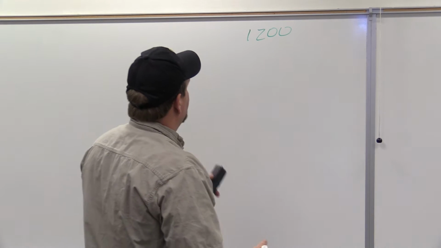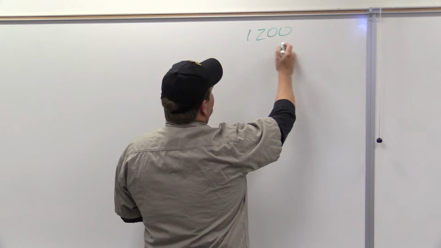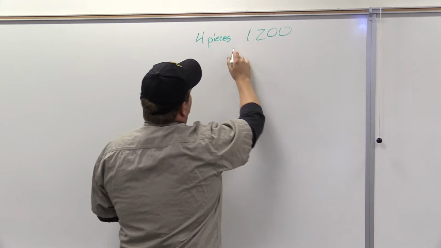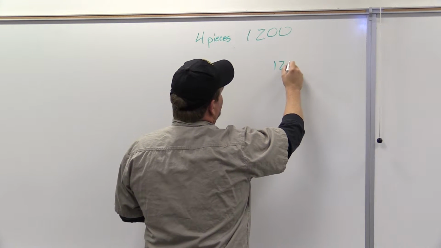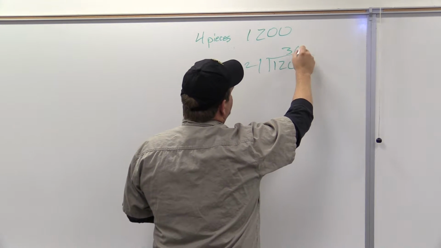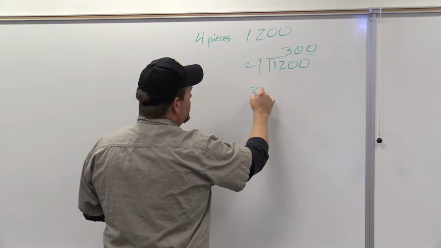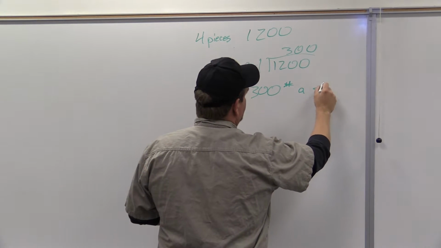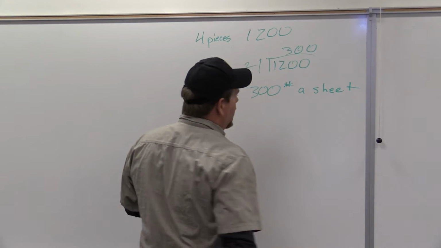Okay, so real quick, before we do anything else, we've got 4 pieces at 1,200 pounds total. So we now take 1,200 divided by 4, ends up being 300 pounds. Now we know it's 300 pounds a piece, a sheet. Okay?